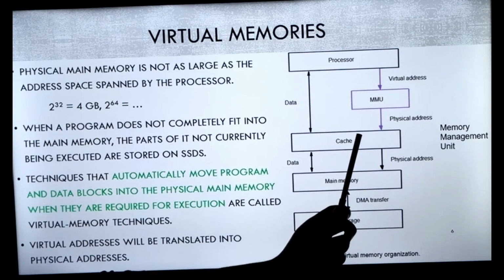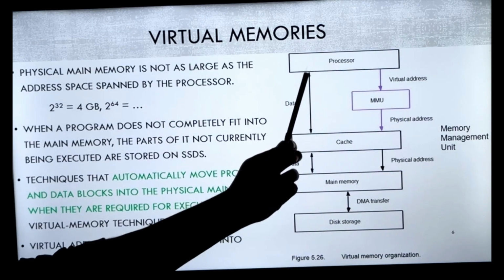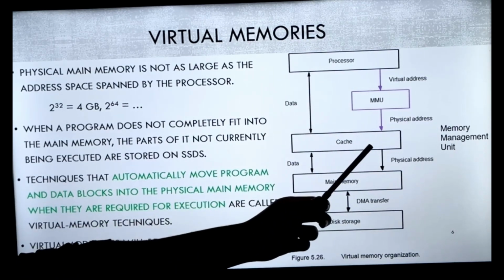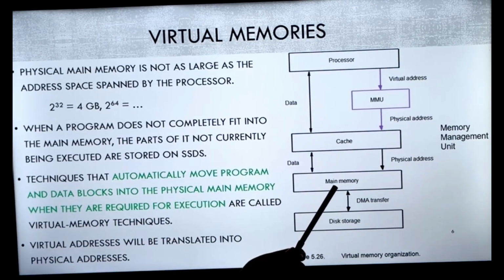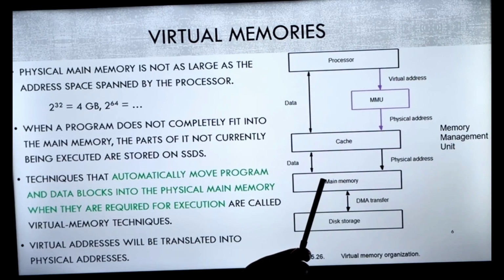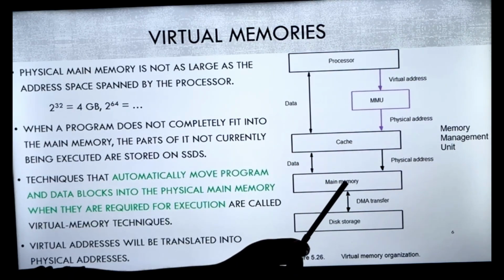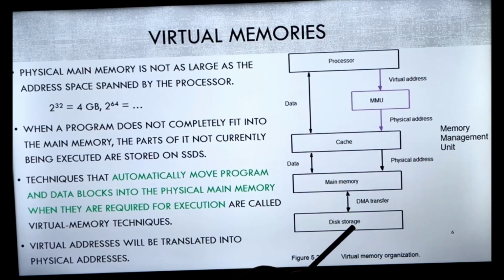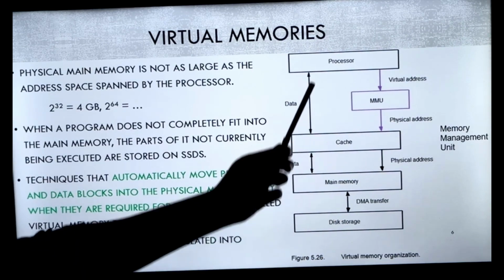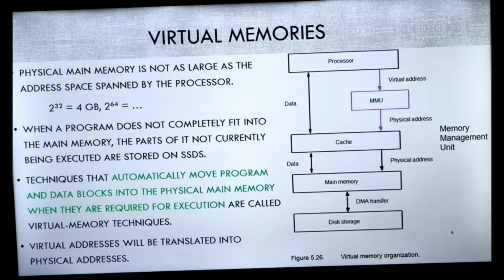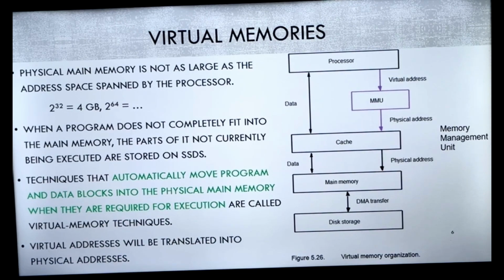If it is there in cache, then obviously it will send it to the processor. If not, then I will go to main memory. If it is there in main memory, I'll send it to cache, and from cache to the processor. If it is not there in main memory, then I'll go to the secondary storage, and from secondary storage I can get the data. So this is how virtual memory works.